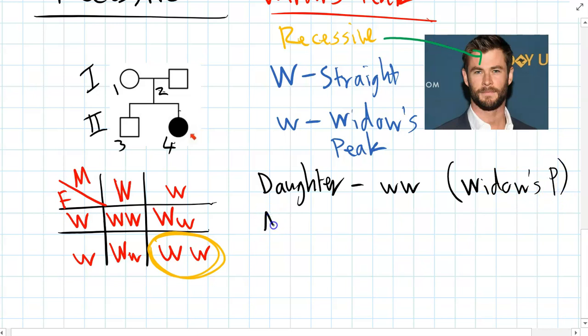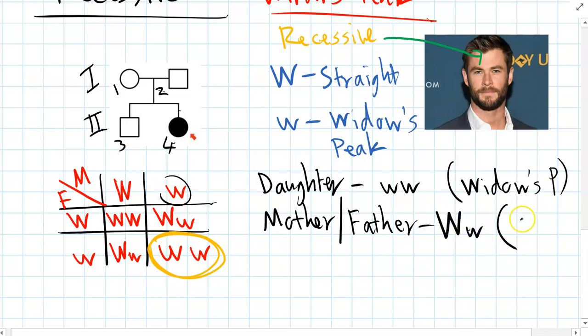And the mother and the father, they are both heterozygous because we know they both have to be carrying one of those small w alleles. We call them a carrier. Mother and the father, heterozygous, so they have a straight hairline.